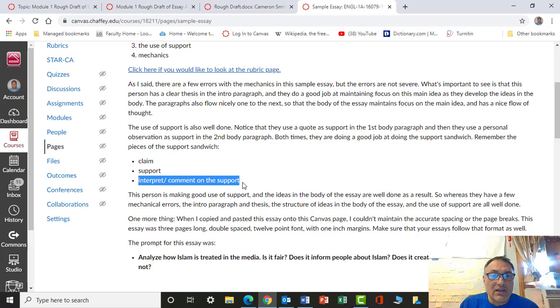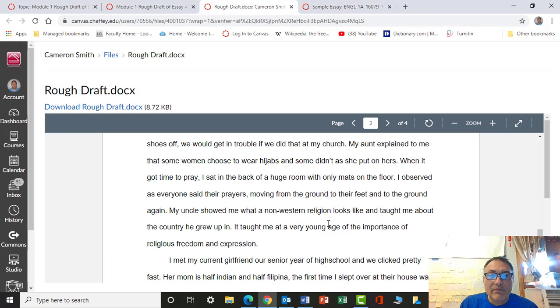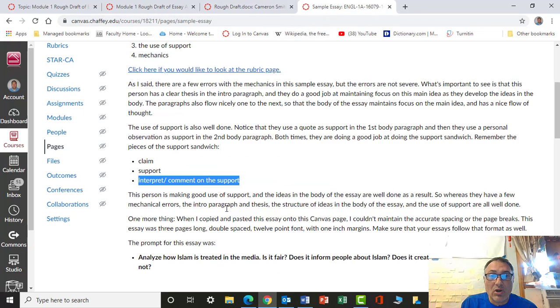I think the slice of bread is pretty good. At the end, we see the interpretation of what this detail means, that there's a lesson there about religious freedom. That is a pretty good piece of bread, but I think the bottom piece of bread could be a little bit thicker. Spend another sentence or two expanding on that lesson.